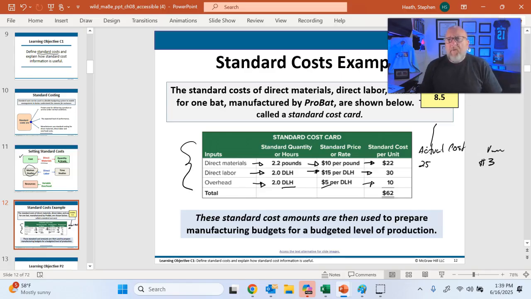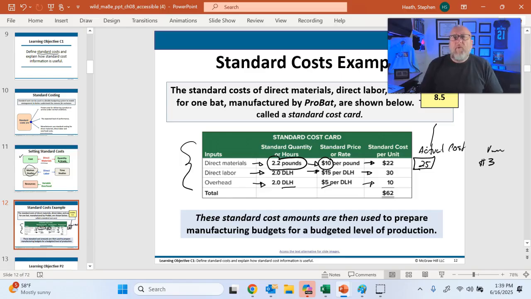And now we can say, wow, is this $25 the actual cost to make a bat, at least with respect to material? Is it because we were using more than 2.2 pounds of wood per bat? Or is it the case that the price of the wood was more than $10 per pound? Or was it both?